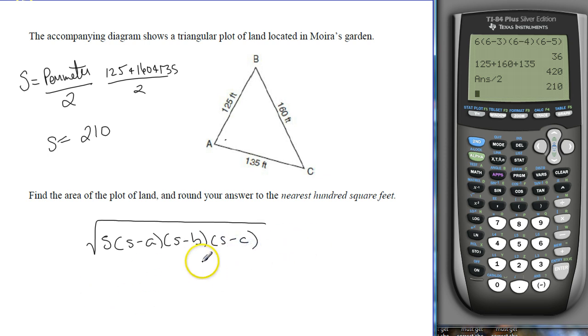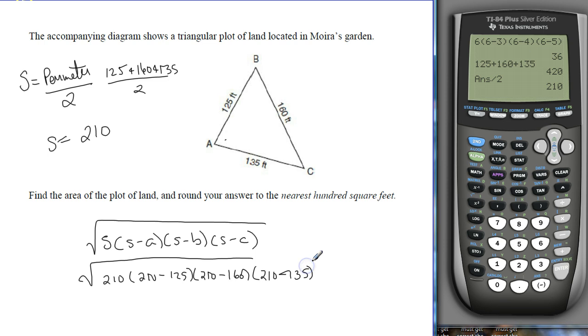So we're going to throw these all in the parentheses. And it's not that big a deal because the calculator is going to do all the hard work. So it would be 210 minus 125, 210 minus 160, 210 minus 135. Goes in the calculator one shot. Do not put the radical on it yet. Just do all the inside.